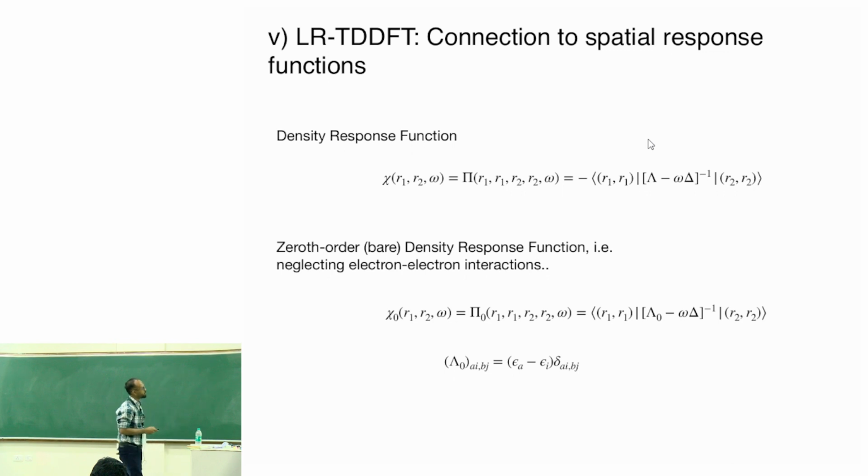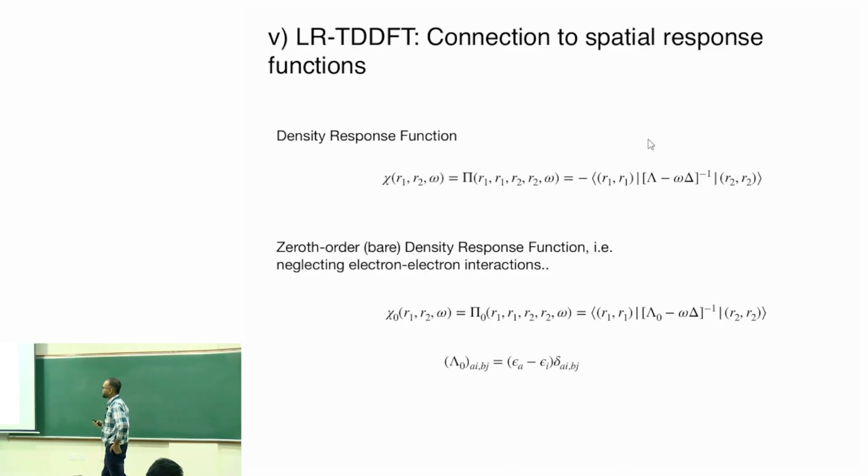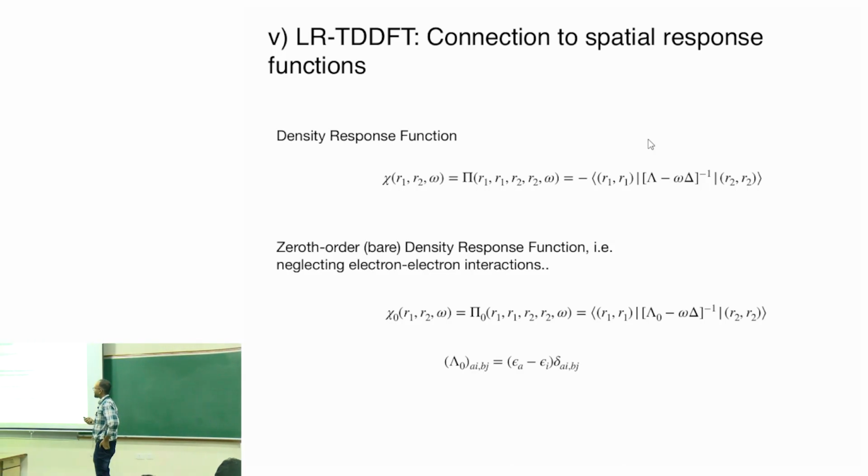Right. So now that you see what is the relationship between pi and chi, chi is your density response function. I just call it density response function, right? And corresponding to chi, you can write a chi naught. Okay, so chi naught is just a bare Kohn-Sham zeroth order density response function.